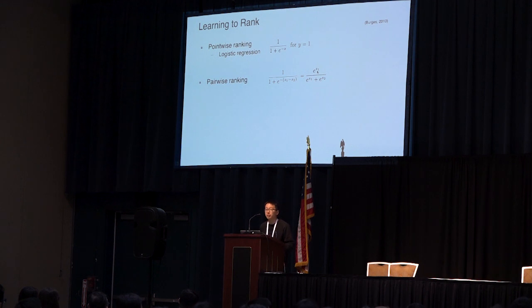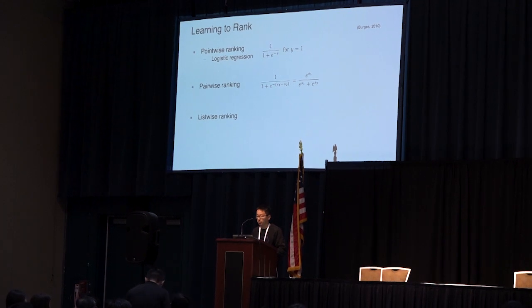In some other cases, the listwise ranking performs better than the pairwise ranking. The intuition is that since you are ranking all the documents together, you should consider all the documents in one objective function.